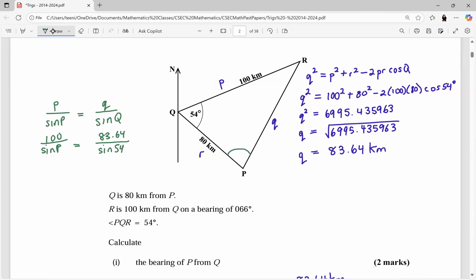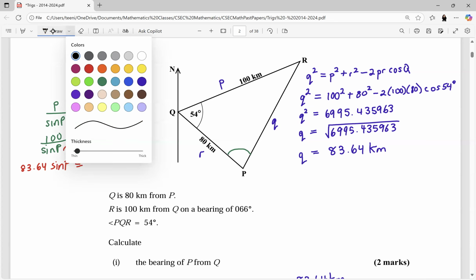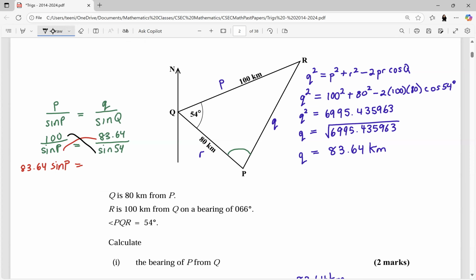Okay, and now I cross multiply. So sine of P times 83.64, that is 83.64 sine of angle P, is equal to 100 sine of 54.